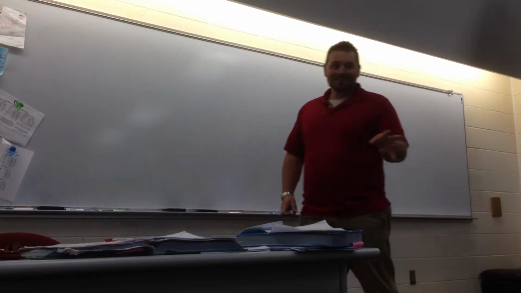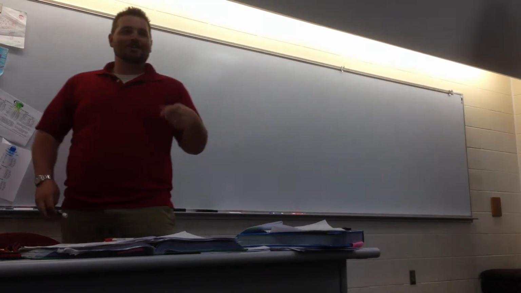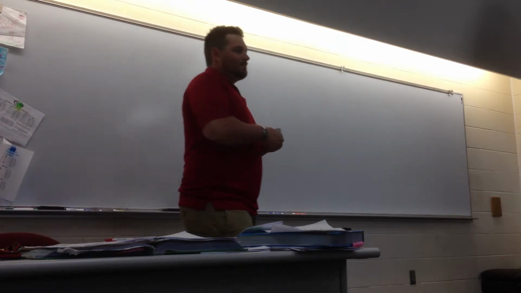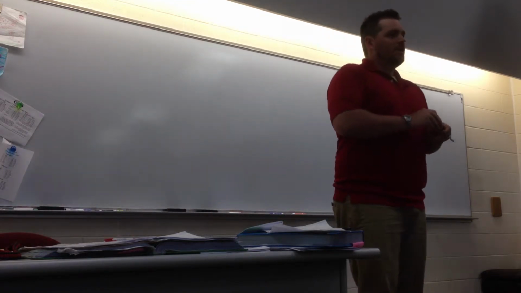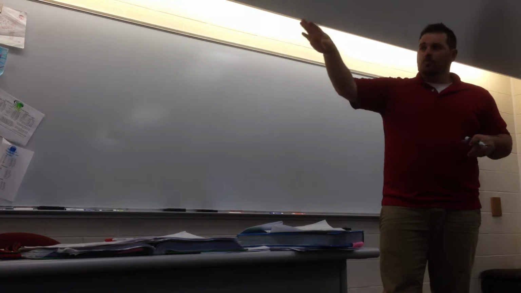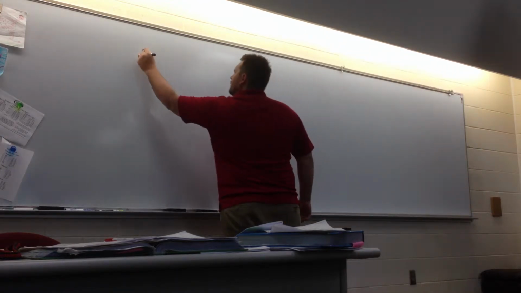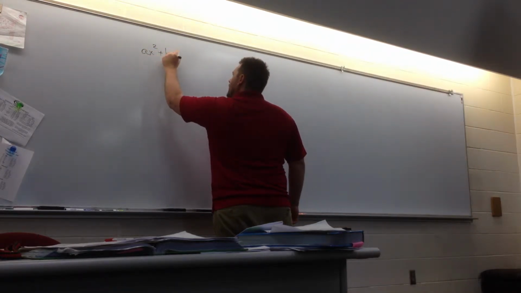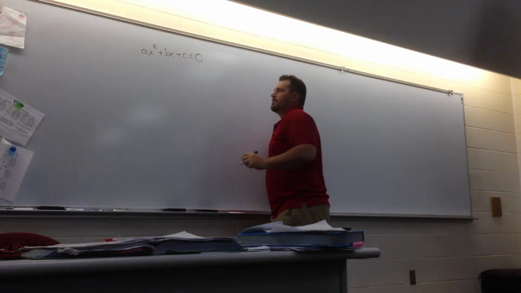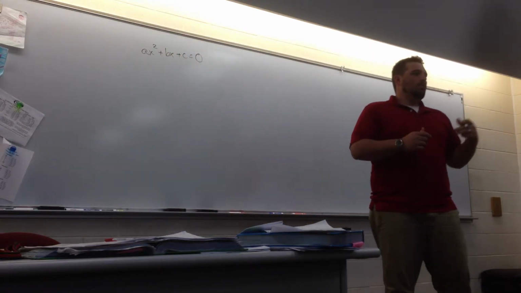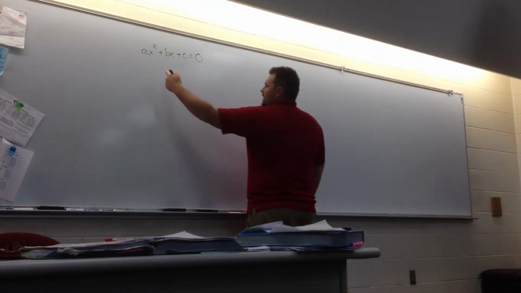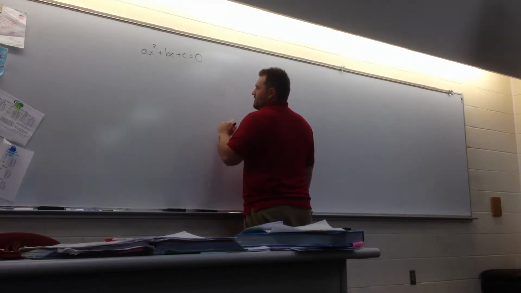So today, we're going to be solving quadratics by factoring. Okay? And when we're solving a quadratic, we know that in standard form it's ax squared plus bx plus c equals 0. Okay? And when we end up factoring it, we get something times something equals 0.